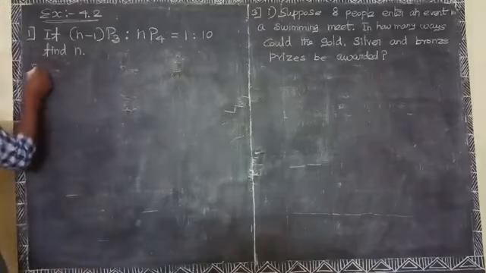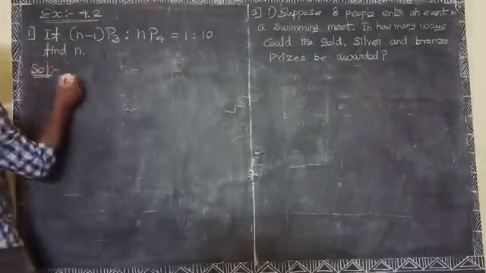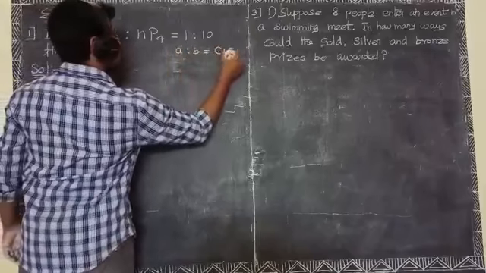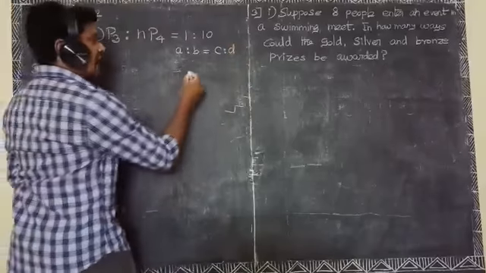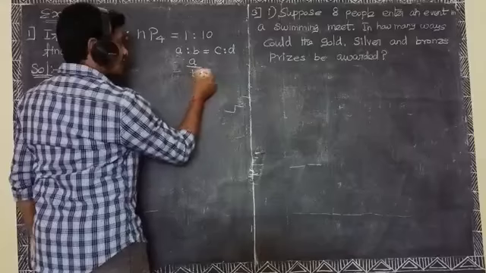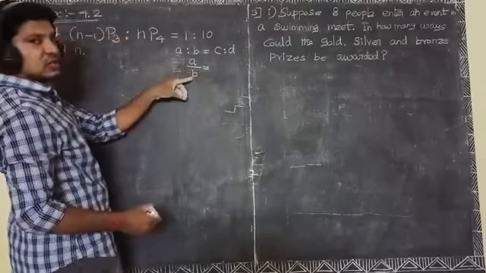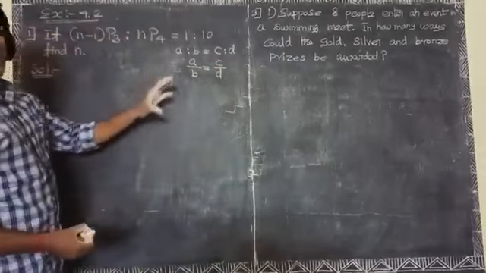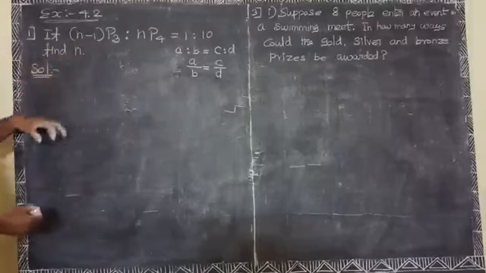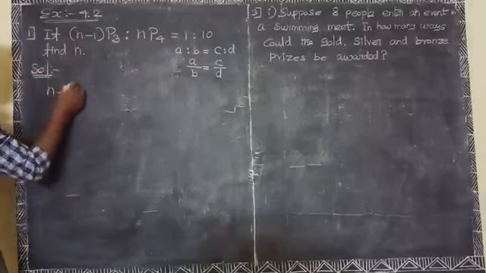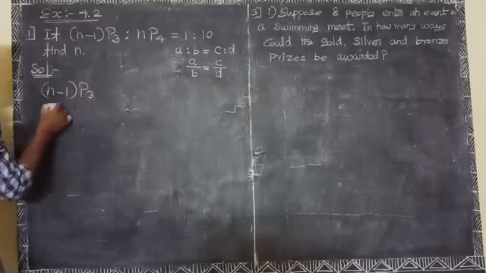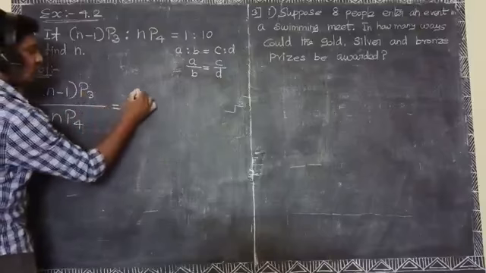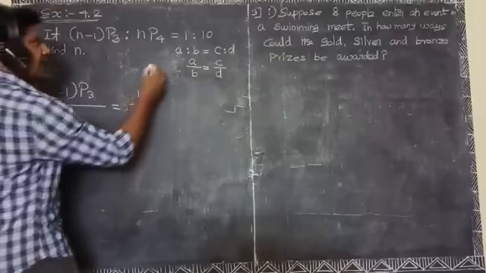First of all, a is to b, which is equal to c is to d, can be written as a by b, which is equal to c divided by d, where ratio means division. Similarly, we can write (n minus 1)P3 divided by nP4, which is equal to 1 divided by 10.